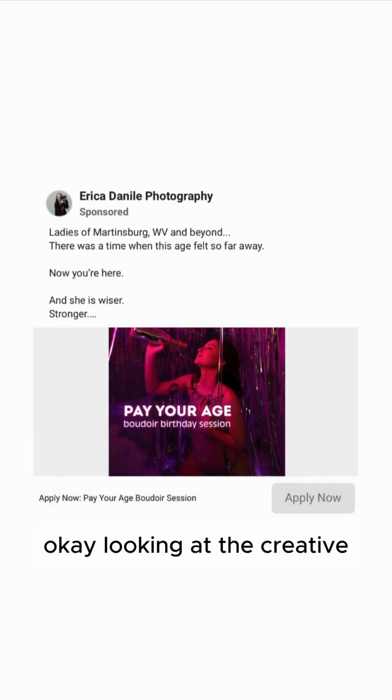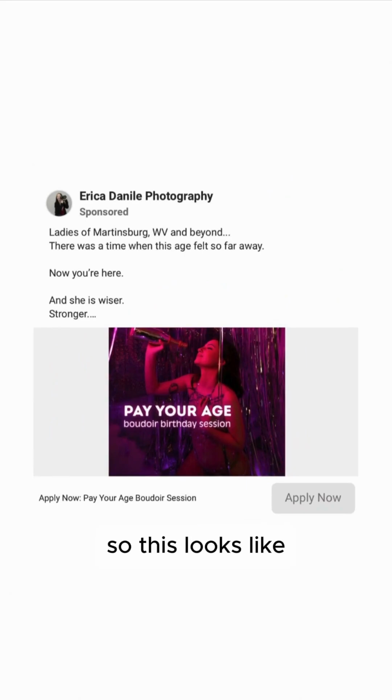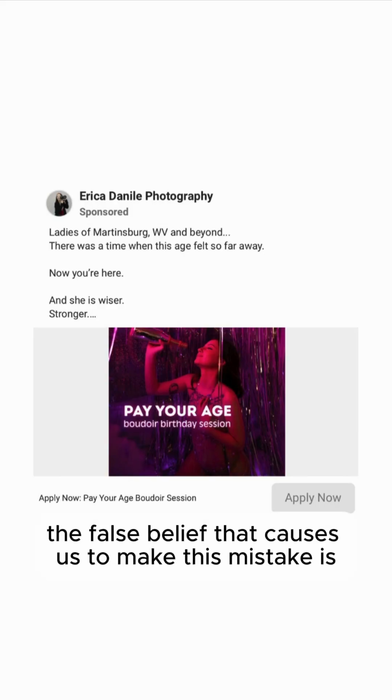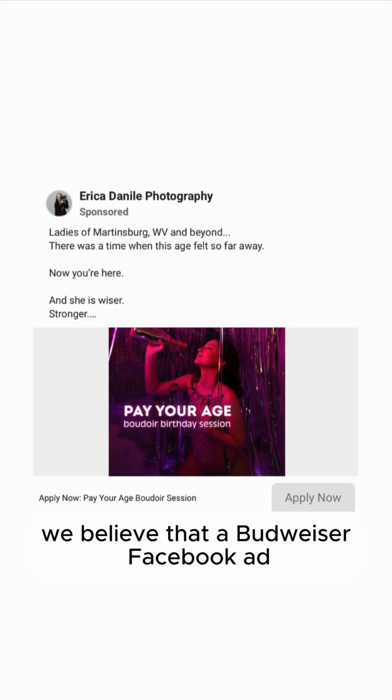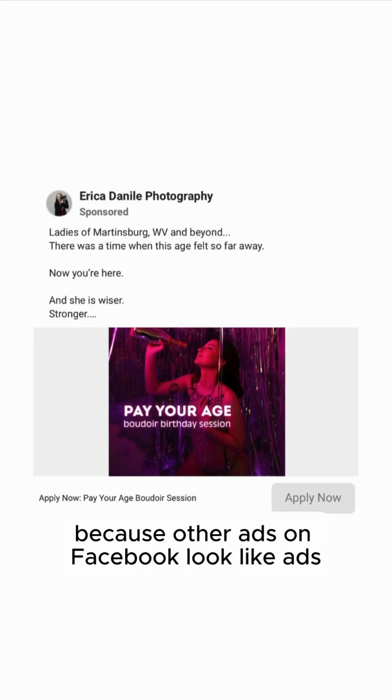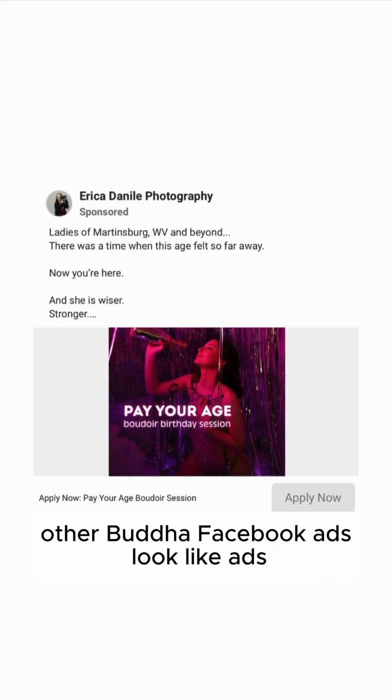Okay, looking at the creative, we've got the "pay your age boudoir birthday session." So this looks like an ad mistake. The false belief that causes us to make this mistake is we believe that a boudoir Facebook ad should look like an ad because other ads on Facebook look like ads, other boudoir Facebook ads look like ads.